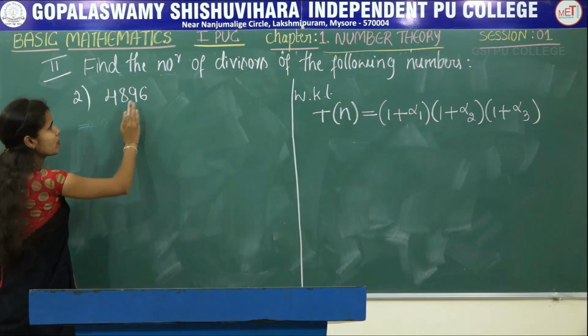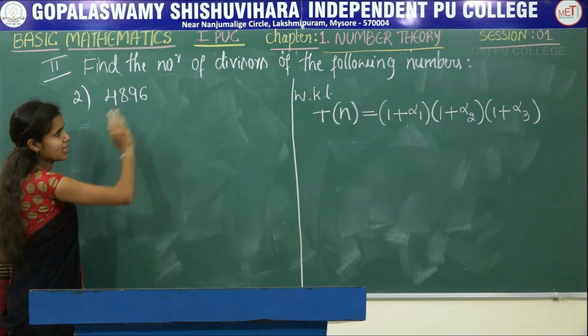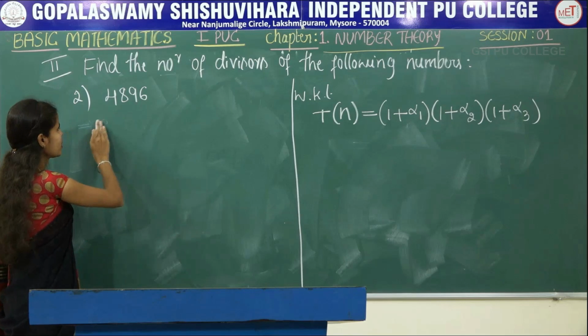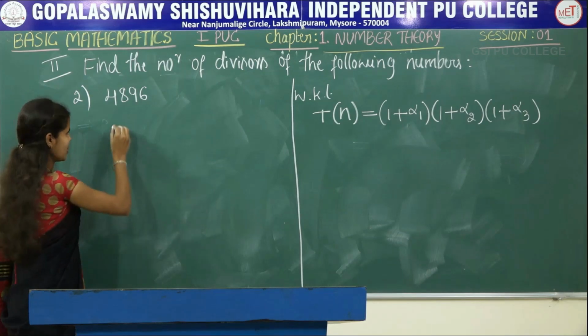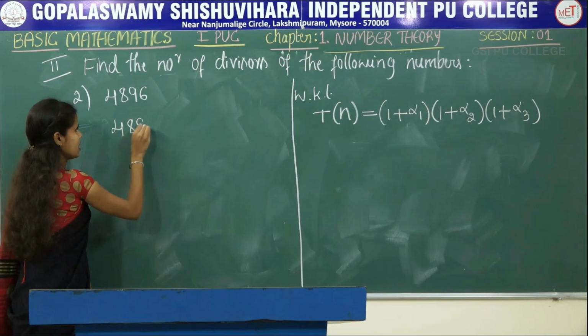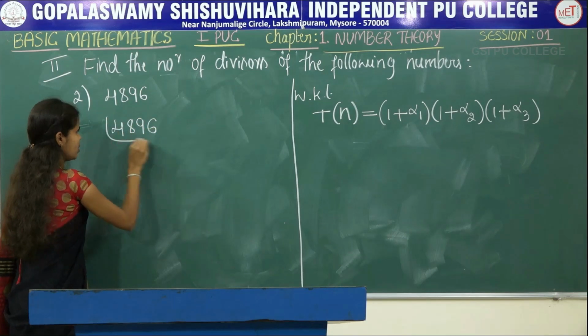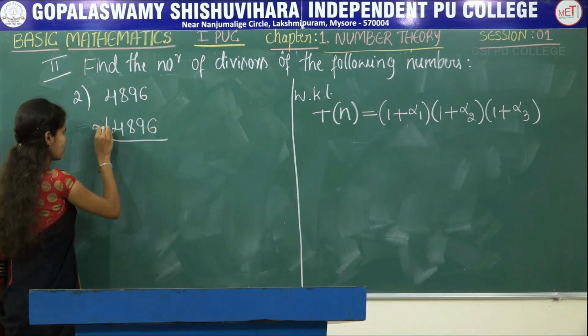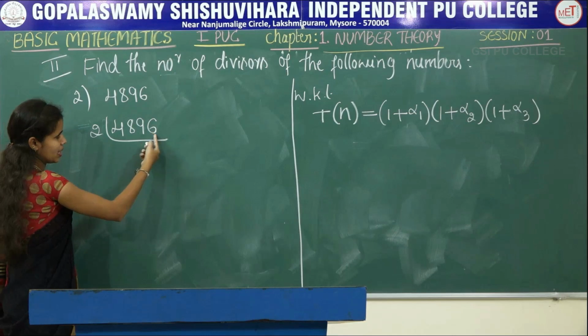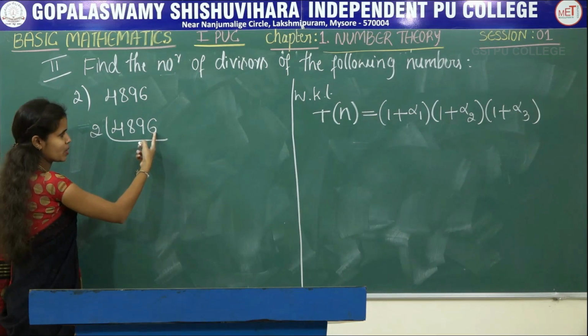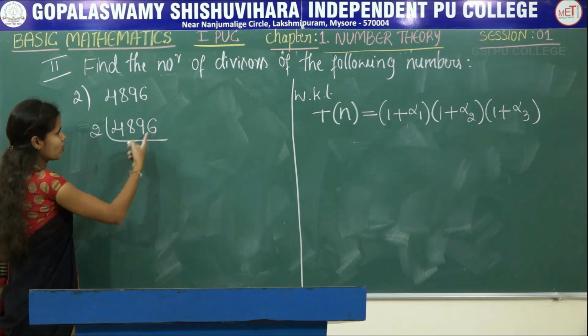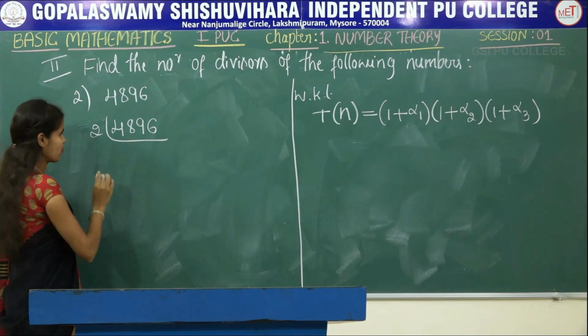Okay. So first represent the given number in the canonical form, by using the prime factorization method. So first divide the given number by prime numbers. The unit place has an even number, so the whole number is exactly divisible by 2.